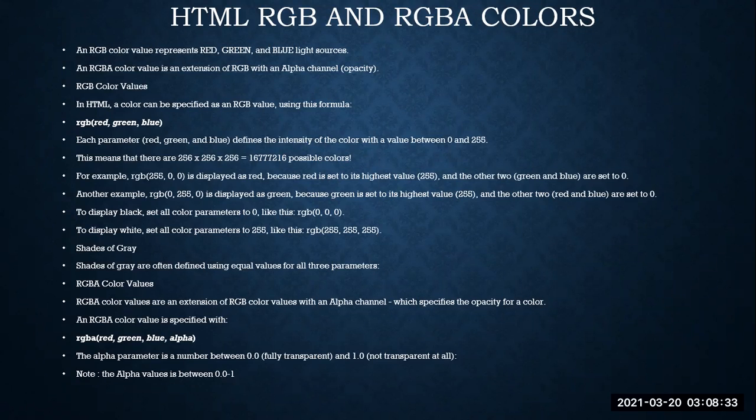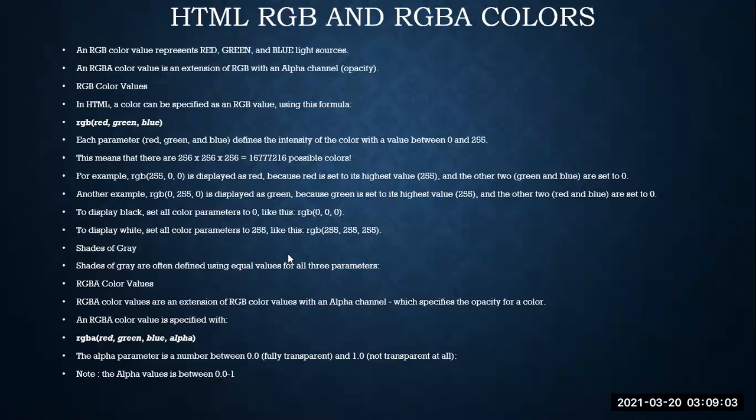When you put RGB, what comes in are the values for these properties. Each parameter of red, green, and blue defines the intensity of the color with a value between 0 and 255.